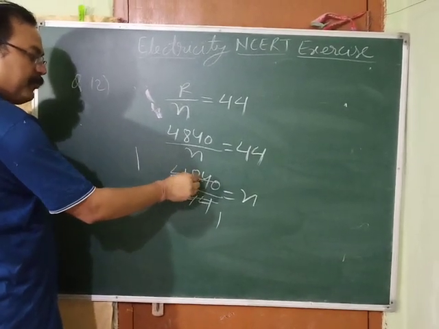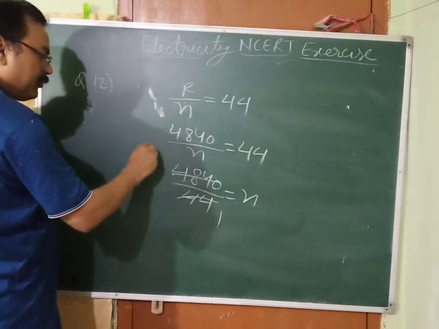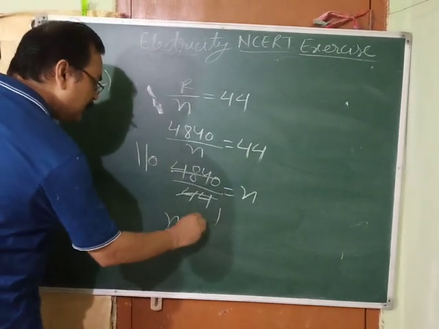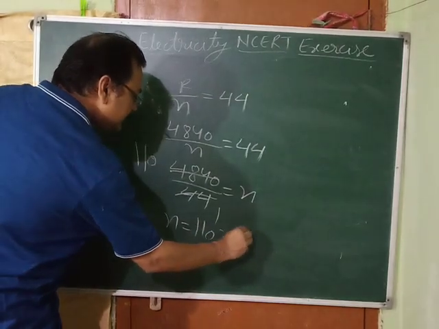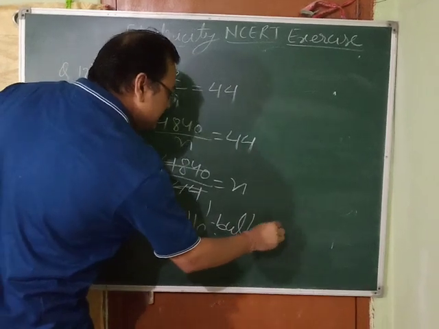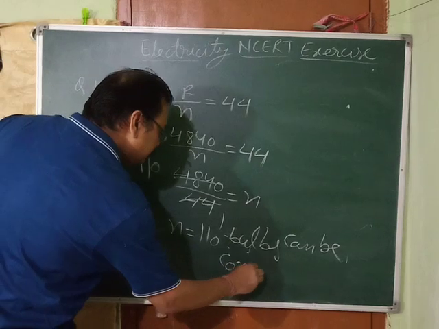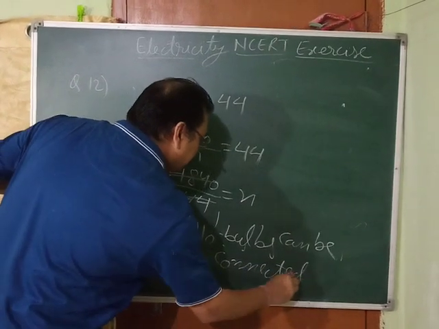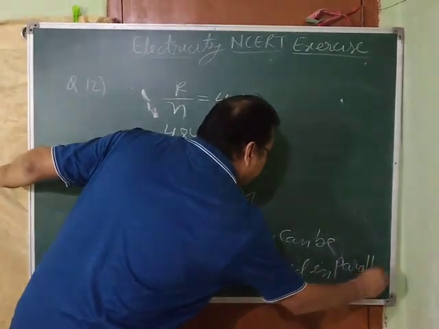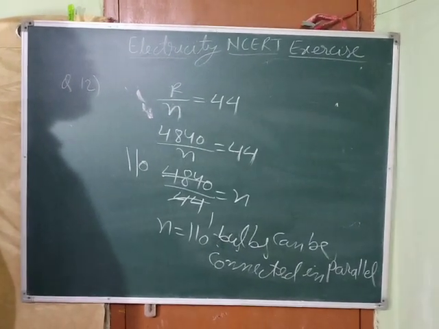When you subtract 44 from 48, you get 4, and this 44 again. So 44 1s are 44, and this 0. So what do you get? N is equal to 110 resistors. Sorry, bulbs. 110 bulbs can be connected in parallel.